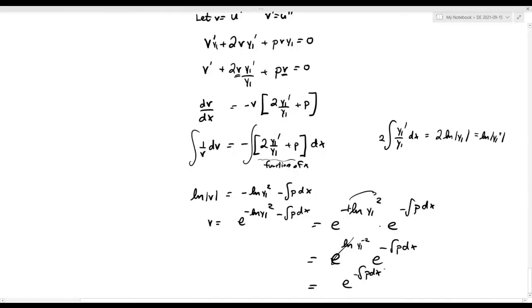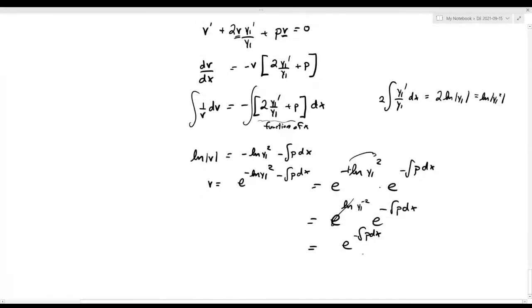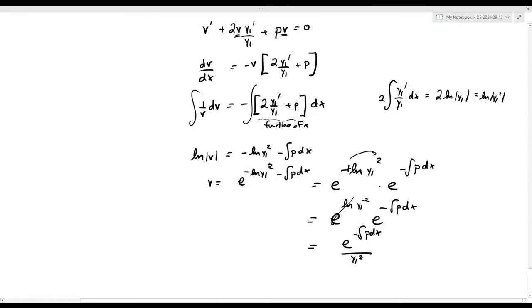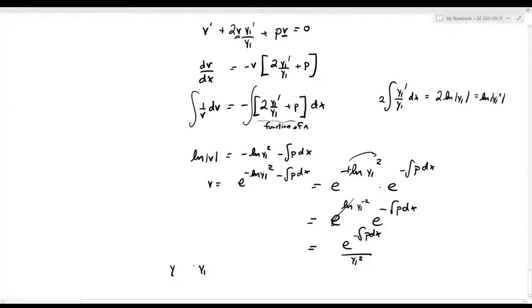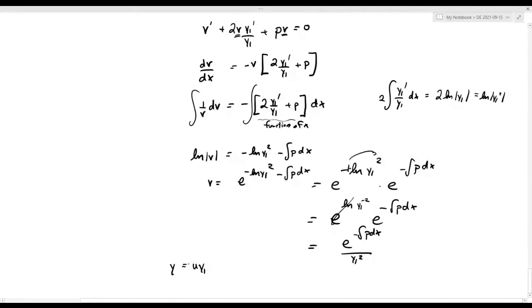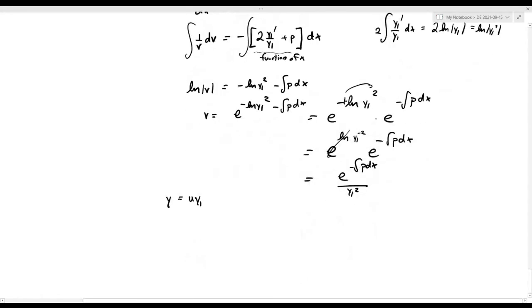All right. Well, we don't want to go through this procedure each time. So what we found is we were given a known solution to the homogeneous equation. We assumed that there's another solution that's simply some function u times the known solution.